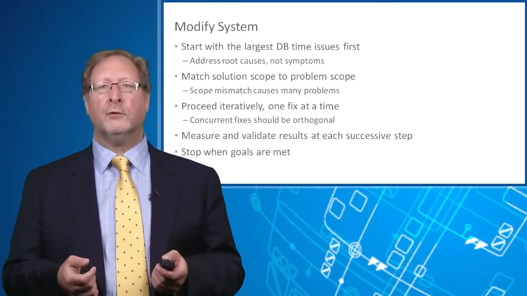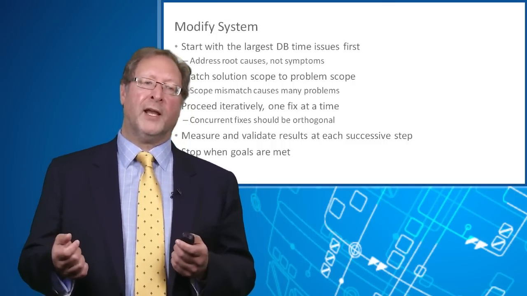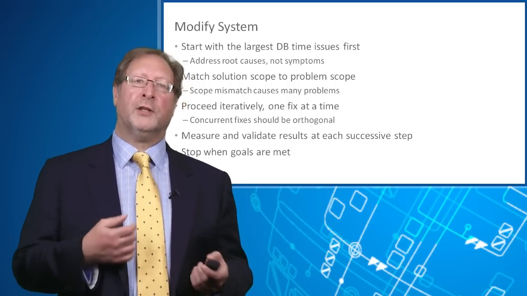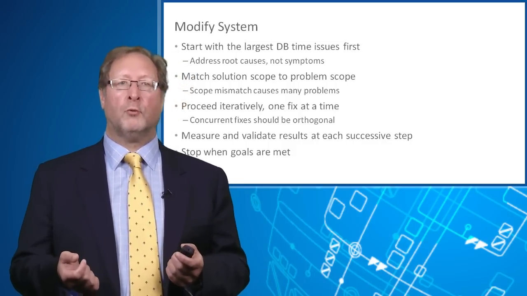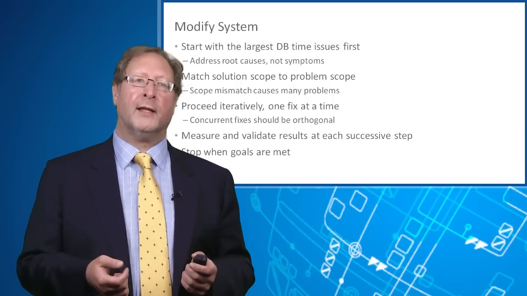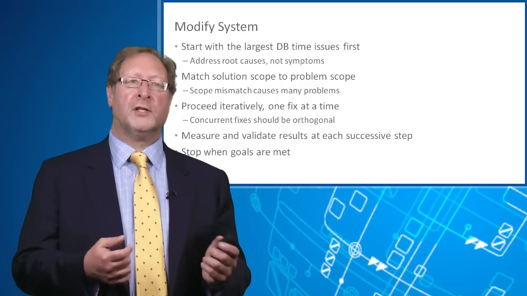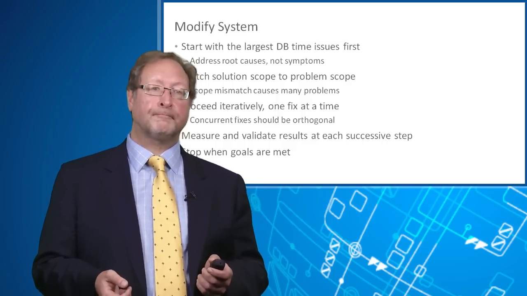We often run into users who have made several changes on the system. They had some benefit, but they don't know which of the changes it was that gave them that benefit, so they don't know which things they can back out and which things they should leave in.